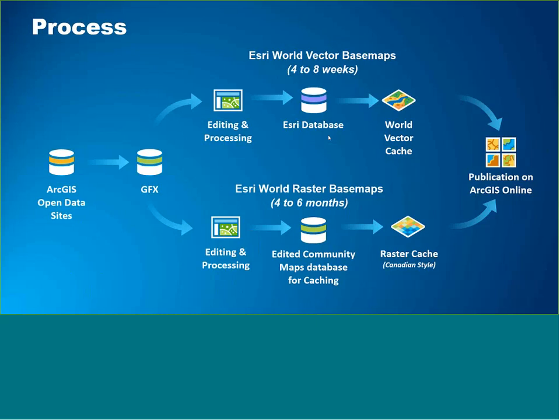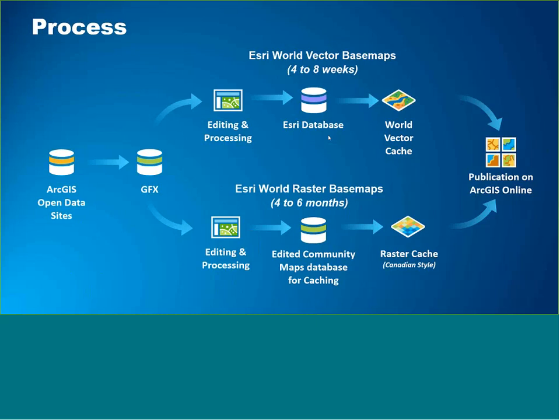Then we'll incorporate it into the Esri database, and every 3 weeks, Esri updates the entire world. So they run a cache for the entire world every 3 weeks, and that gets published as a world vector cache on ArcGIS Online. So the process there is a lot faster than the raster base map. So we're looking at a 4 to 8 week turnaround time, depending on when we hit the cycle.